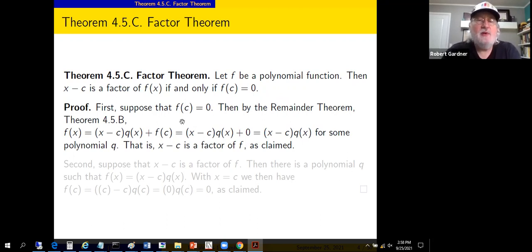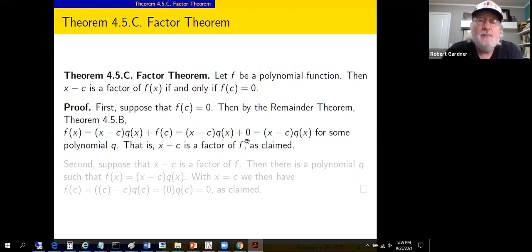Well, the remainder theorem just told us that f of x, when divided by x minus c, will factor into x minus c times q of x plus f of c, and that's what we had in the remainder theorem. And we know this f of c will be, under this supposition, 0. We're assuming f of c equals 0.